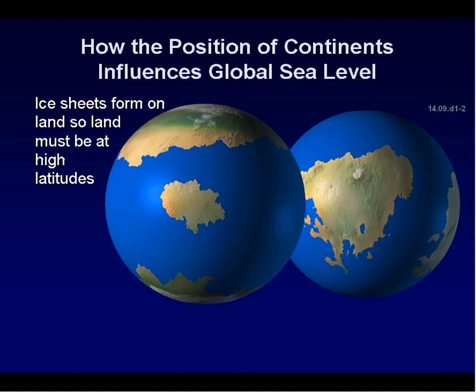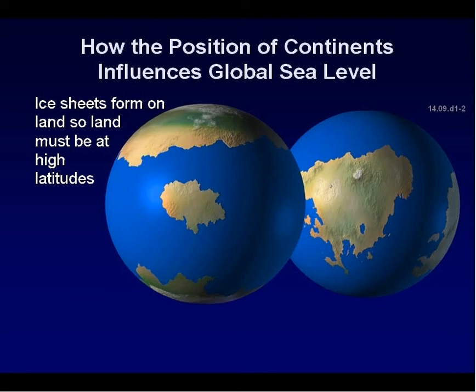So most of our continental masses today are at low to middle latitudes, but if we have a continental mass at a high latitude, then we can, of course, put more ice onto that continental mass.